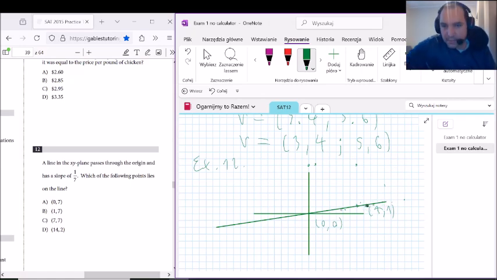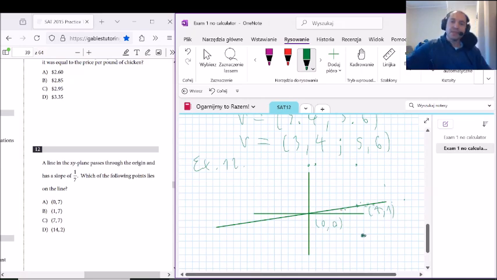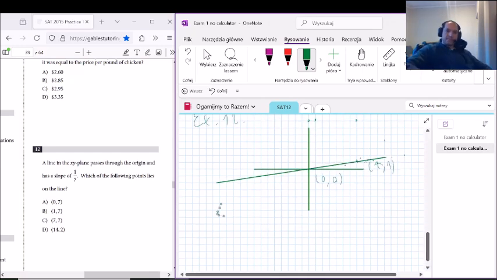Also, some points might be hard to draw in a proper way. Maybe you will not be sure if it's on the line or maybe a little bit above the line, and so on. So, of course, we can just calculate this.